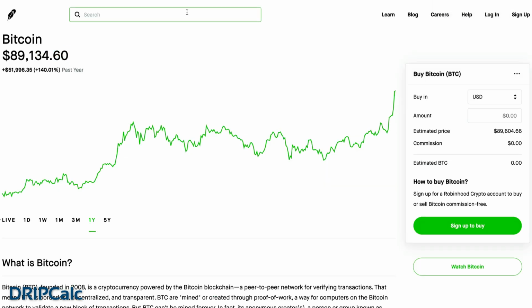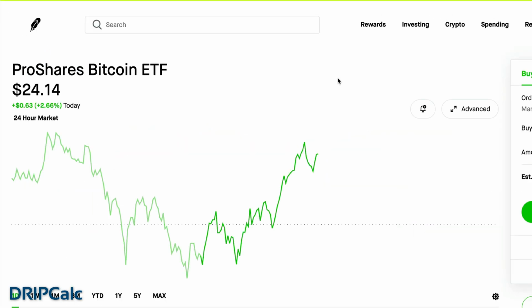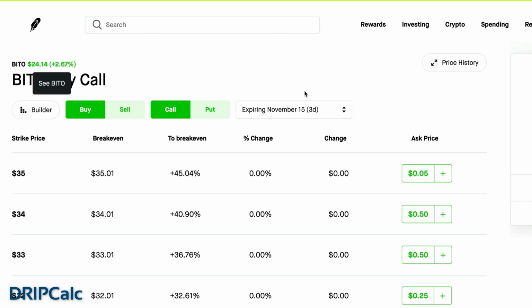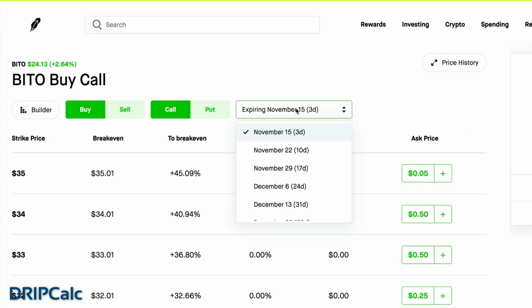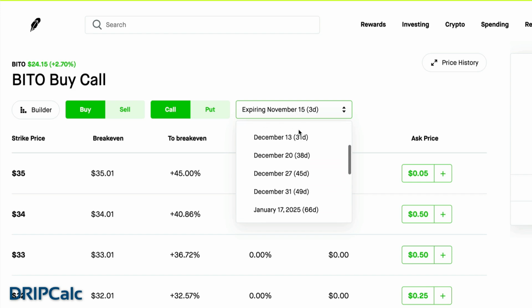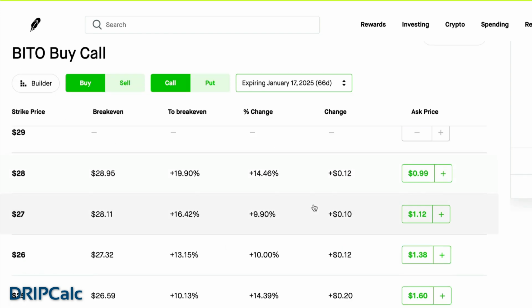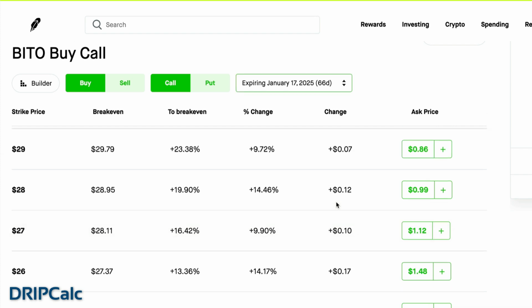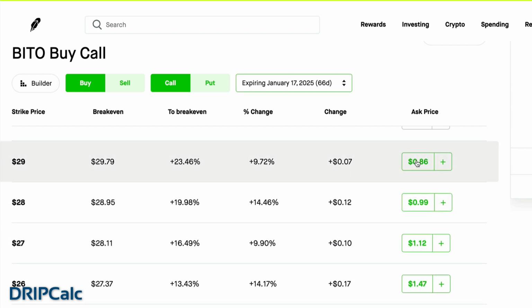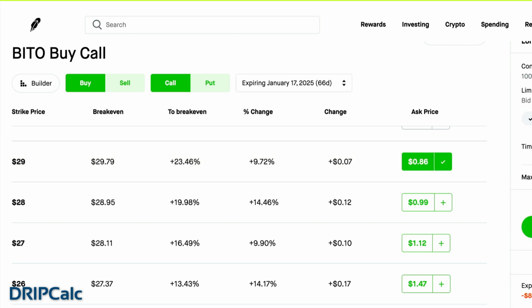So if you look here, here is my Robinhood, and let's take a look at options. The difference between Bitcoin itself and YBIT and BITO is you can sell covered call options on BITO. For example, you can sell a covered call expiring on January 17th, 2 months away, and you can sell a $29 covered call, which is like $5 out, and you can collect right now about 80 cents for it.